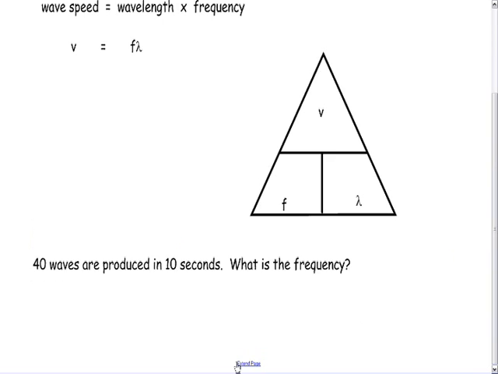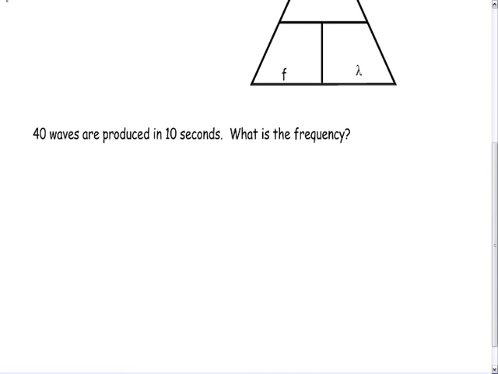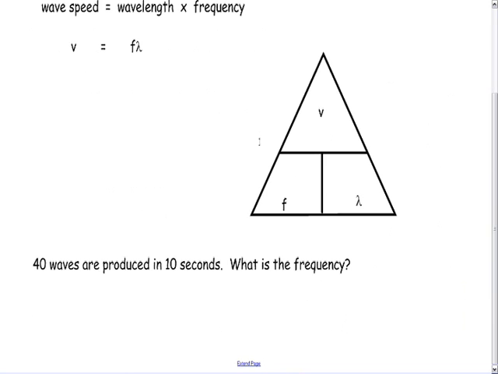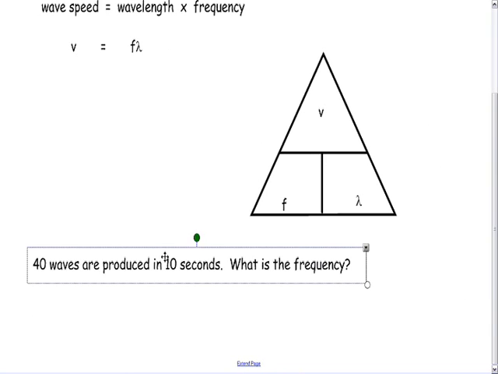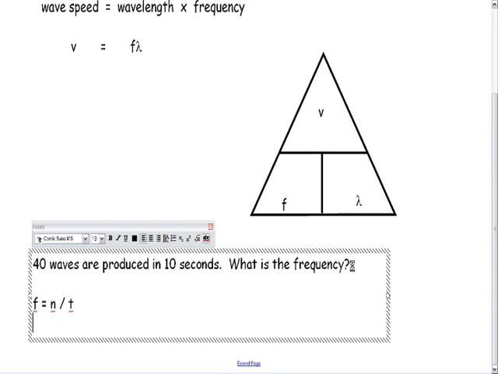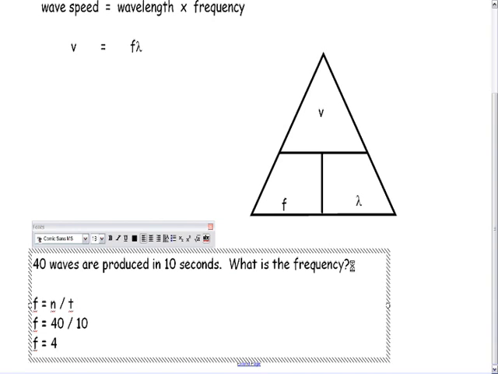We start off with our equation, f equals n over t. Remember, formula, working, answer, unit at all times. So f equals 40 waves in 10 seconds, so f equals 4 hertz.